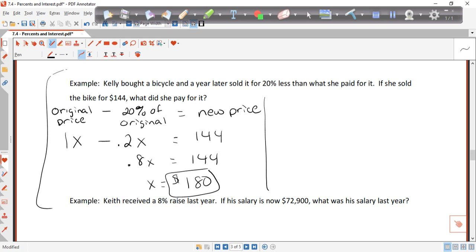Okay, so another way to look at this is if we're taking off 20%, 100 minus 20 is 80%, so we're left with 80%.